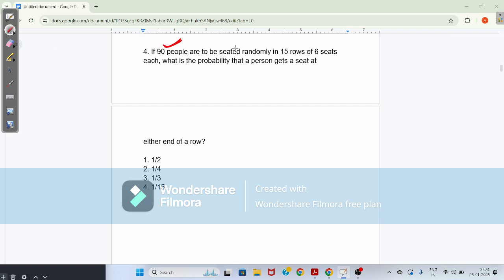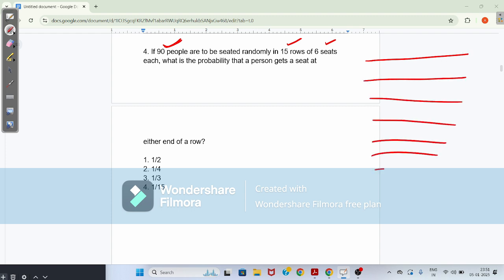Given here, 90 people are seated randomly in 15 rows of 6 seats, means 1, 2, 3, 4, up to 15 rows. How many seats are there? 1, 2, 3, 4, 5, 6. Now how many people are sitting at the end of the row? This one and this one we have to consider here.